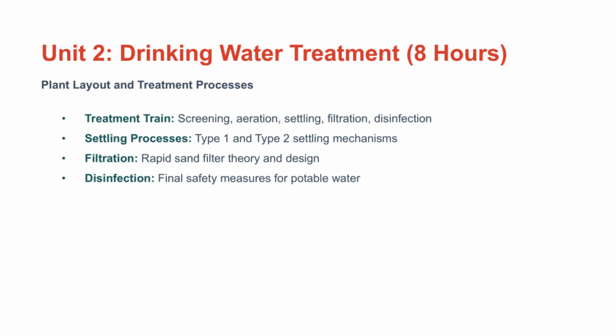And in unit 2, we will be studying the water treatment process: the typical layout of the treatment process, the different other processes involved in the treatment facility, and the design of these individual treatment units. All these aspects we will be studying in unit 2.